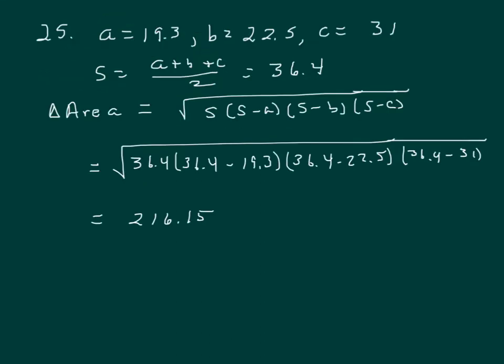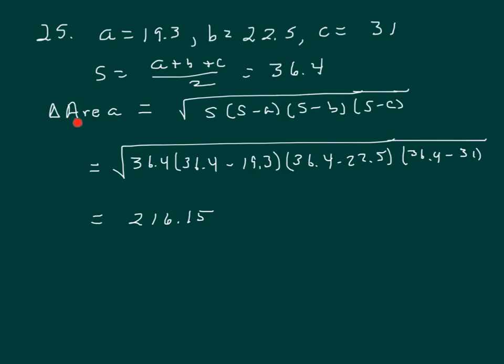In problem 25, I've saved some time by writing down the equations, but we use Heron's formula for a triangle of sides A, B, and C: 19.3, 22.5, 31. In Heron's formula, we find the semi-perimeter, which is A plus B plus C, the perimeter, divided by 2, and we get 36.4.